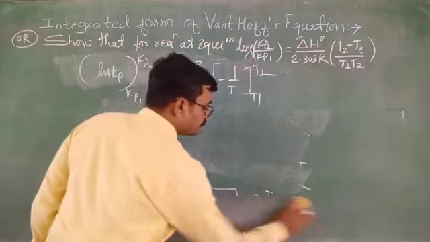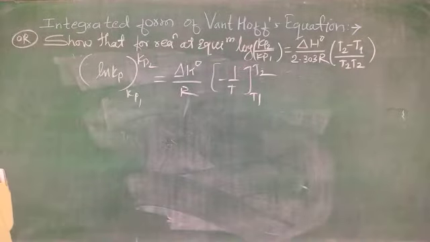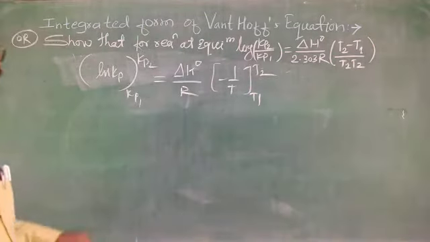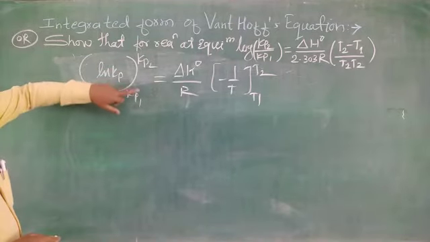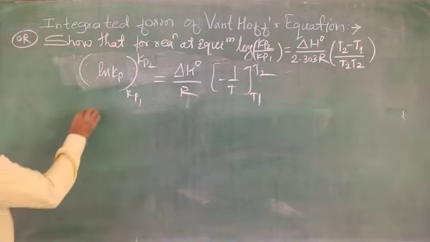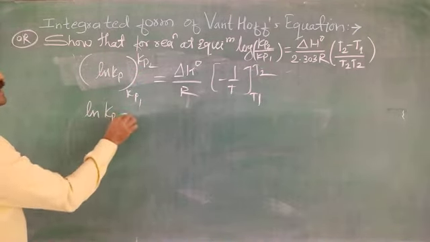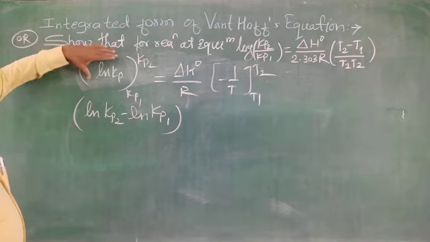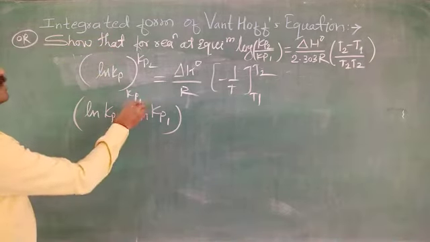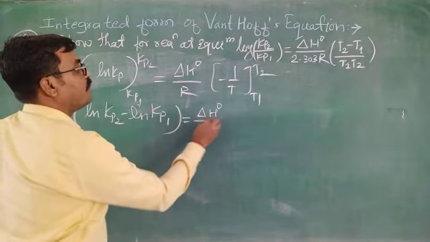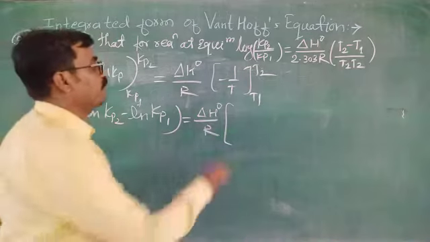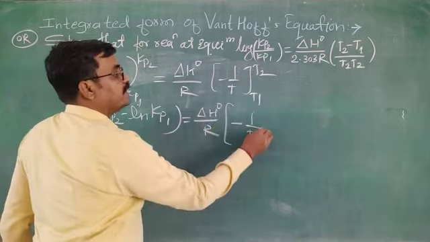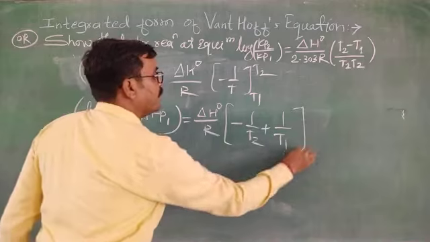After putting the upper and lower limits, this is ln Kp2 minus ln Kp1, equal to delta H0 upon R times minus 1 upon T2, and minus minus becomes plus, 1 upon T1.